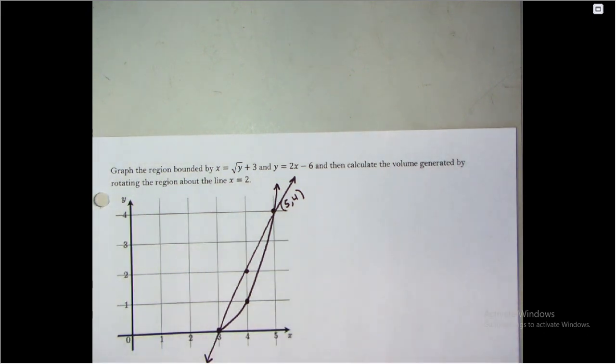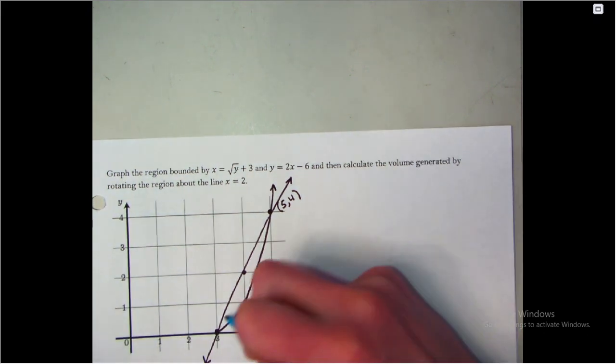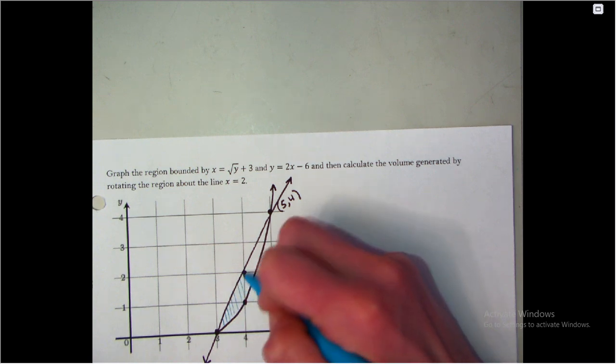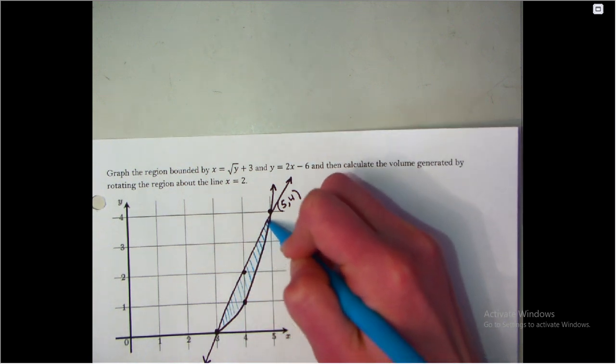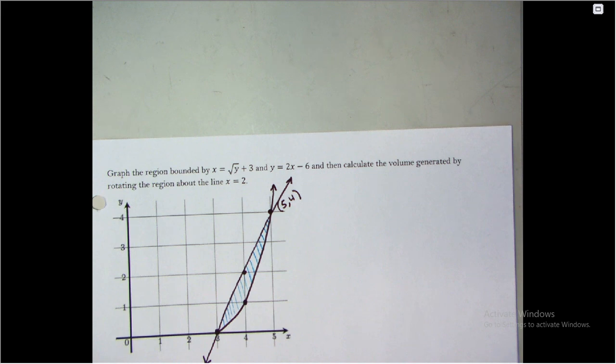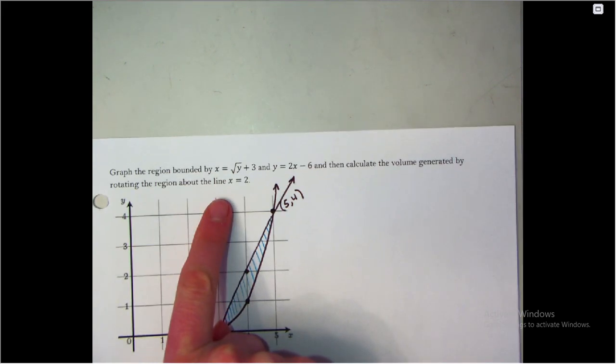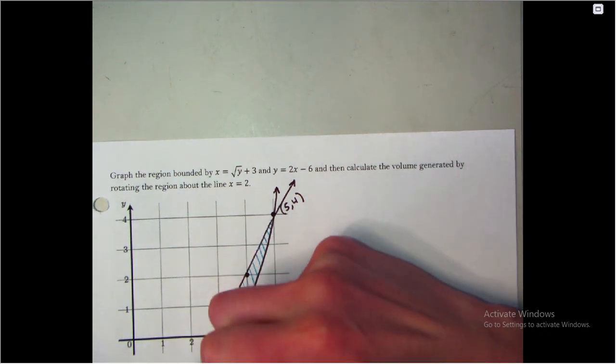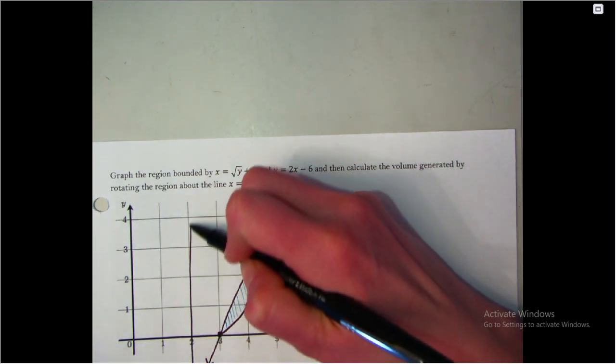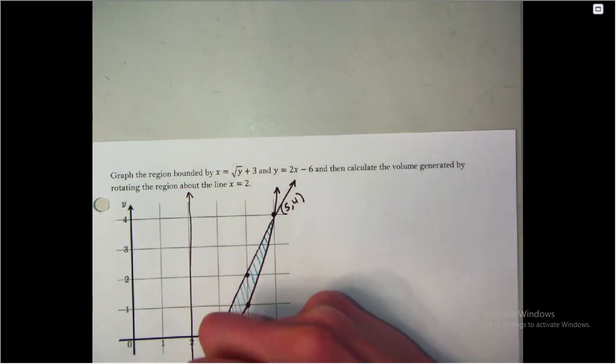So hopefully you can see that the region that I'm interested in is right here. This time, we want to rotate our region, if I keep reading, about the line x equals 2. So that would move me closer than the axis was.